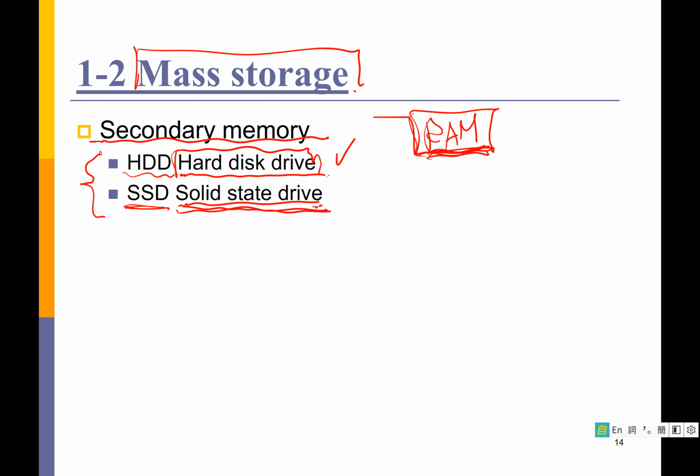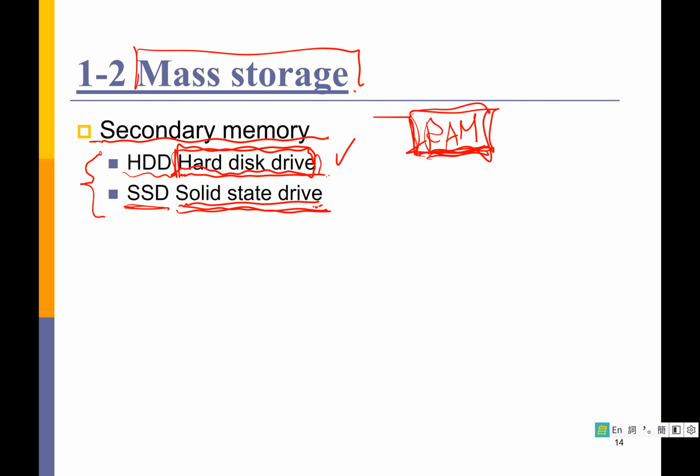But when we're talking about the hard disk drive, it can function when the power is on, and you can save information into it. But saving information to the hard disk drive and reading information from it takes much longer than using RAM.